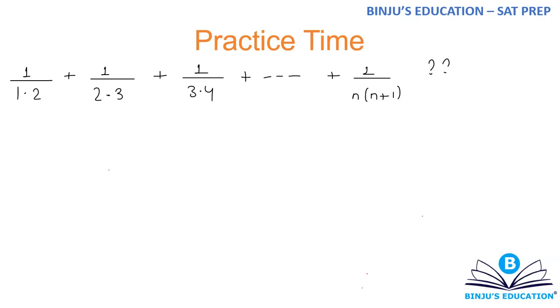So can I write this 1 over 1 into 2 in a different way? Can I write this 1 over 2 into 3 in a different way? Can I write this 1 over 3 into 4 in a different way so that these things start getting cancelled out, right? Can I do that? So what can I do?